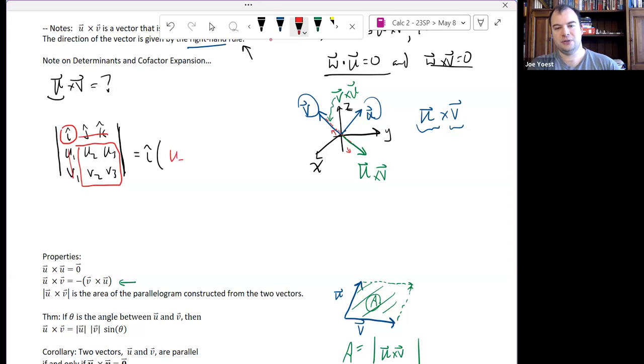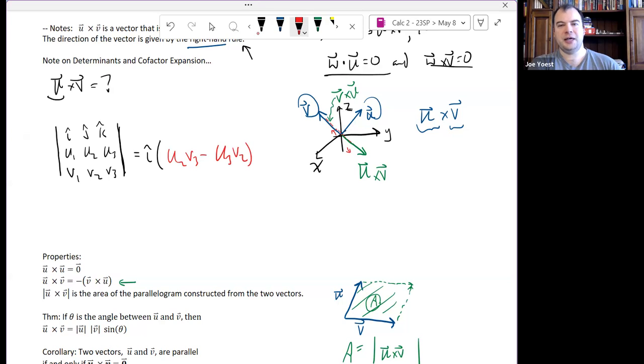I can take u2 v3, so multiplying along that diagonal, subtract off u3 v2, multiplying on the other diagonal. So u2 v3 minus u3 v2.